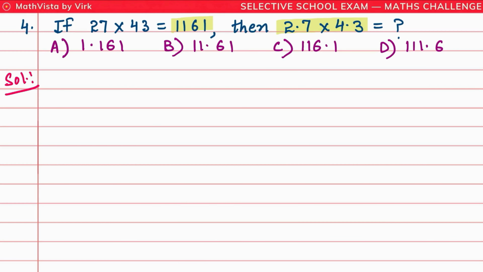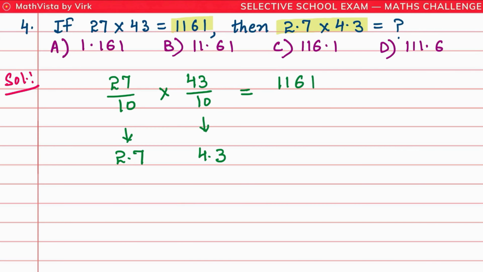As we can see, if we divide 27 by 10, we get 2.7, correct? And if I divide 43 by 10, then again it is 4.3, right? So when I am taking their product, that was already in the question, 1161, together it has to be divided by 100.